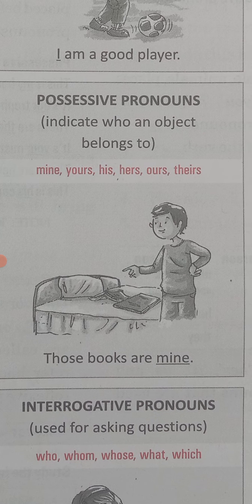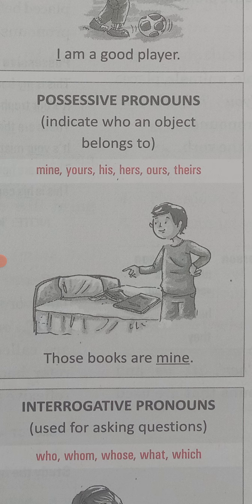Now the next, the fourth one, is possessive pronoun. So possessive pronoun is simple. Here you indicate who an object belongs to. It means if you are talking about anything in the sentence, that thing belongs to whom, that ownership, belongingness you will show in your possessive pronoun.